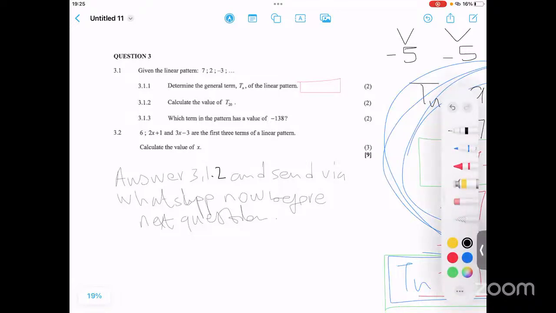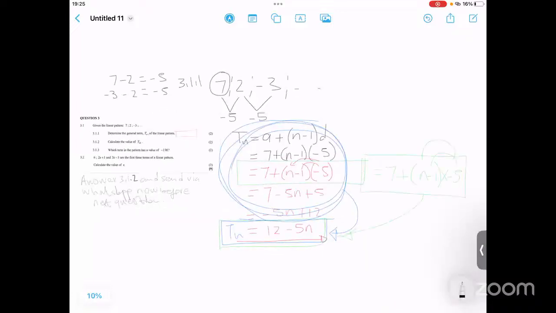So, what you guys have submitted is just substituting the 20 where you see n.